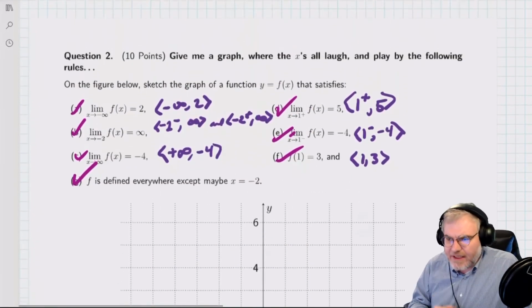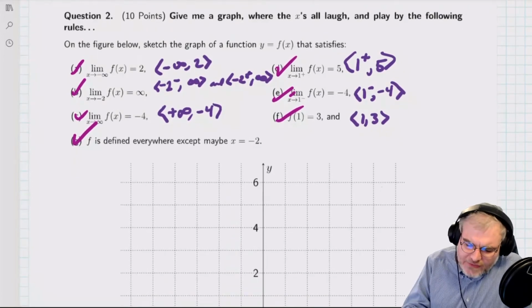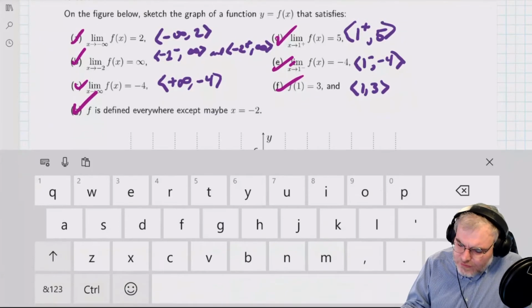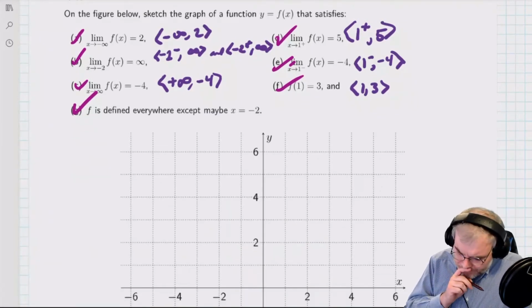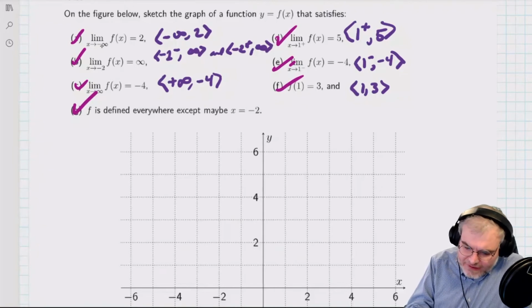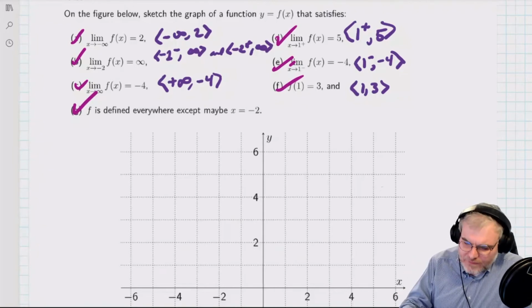It's not really a real number, but I'm going to treat it like it is. So this is the x. As x goes to negative infinity, y goes to 2. So I'm going to put negative infinity, 2 on the graph as a point.